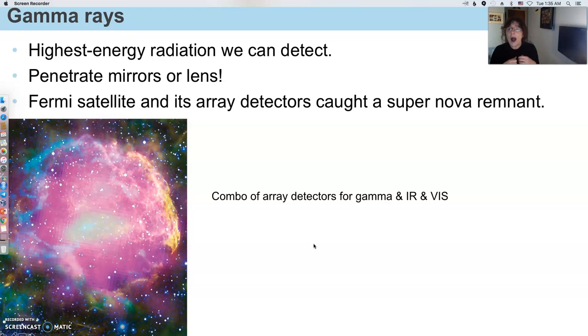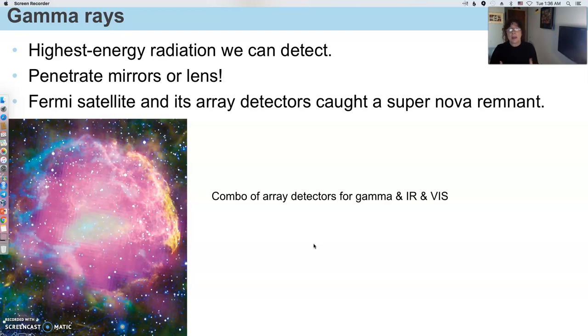For now, I wanted to concentrate on the location of these scopes and these detectors and what we can find there. If we start at the very short end of the wavelengths and go to the longer ends at radio waves, then we are starting at gamma rays.